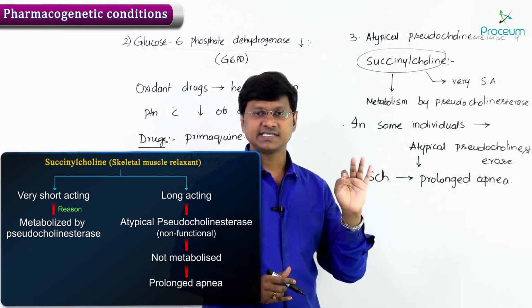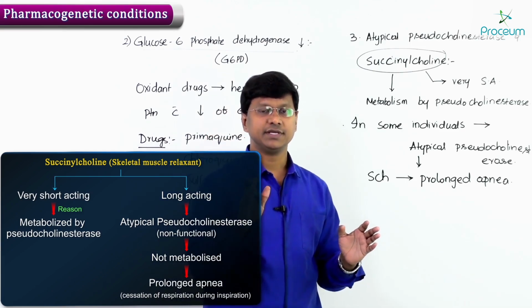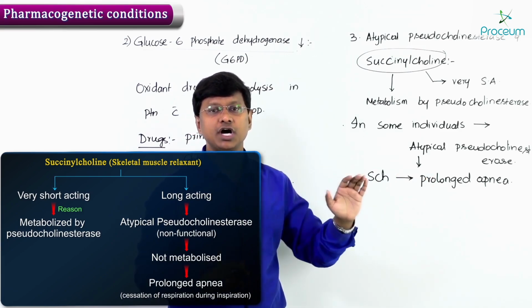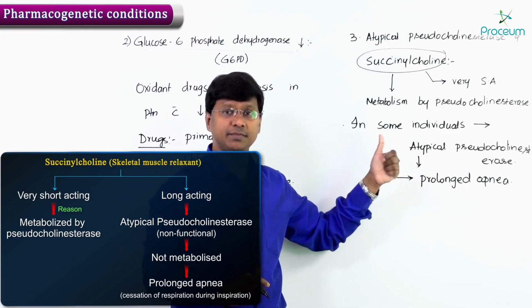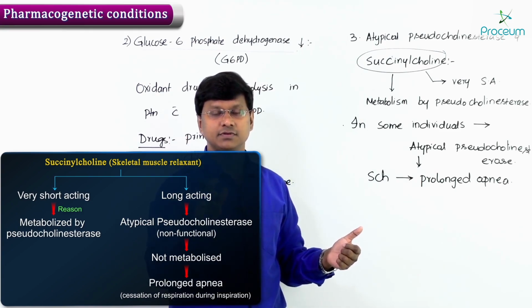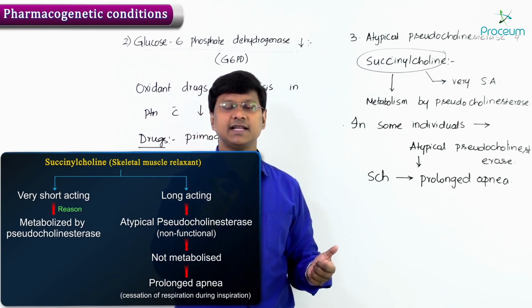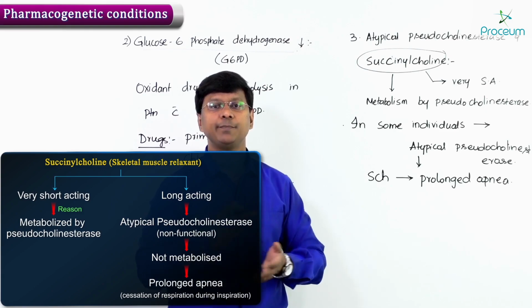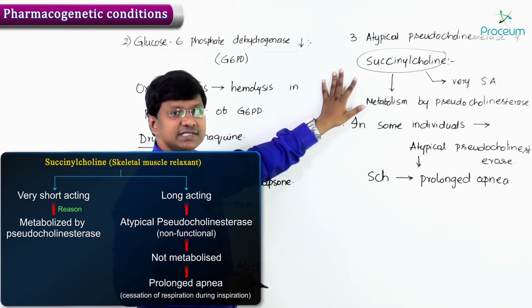Apnea is the cessation of respiration, that is, stoppage of respiration at the level of inspiration. If succinylcholine is not being metabolized, it will cause prolonged skeletal muscle relaxation, including of your respiratory muscles, and thereby the individual cannot do proper respiration. So that is the presence of atypical pseudocholinesterase and succinylcholine.